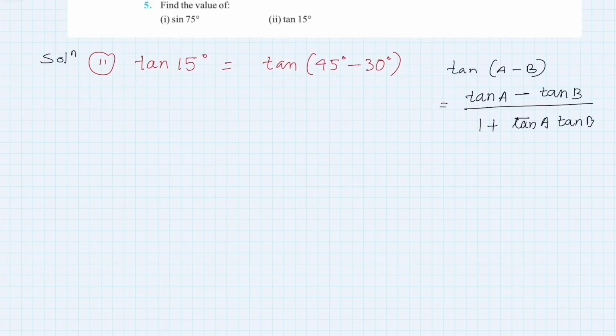Now we are going to apply this identity. Consider A is 45 and B is 30.